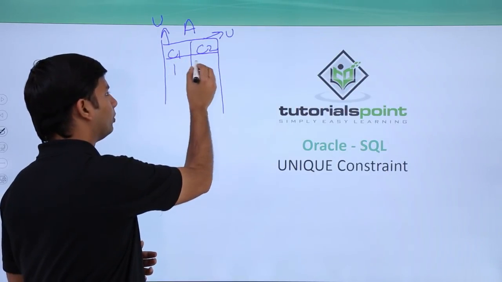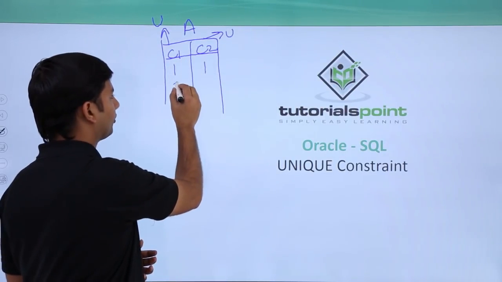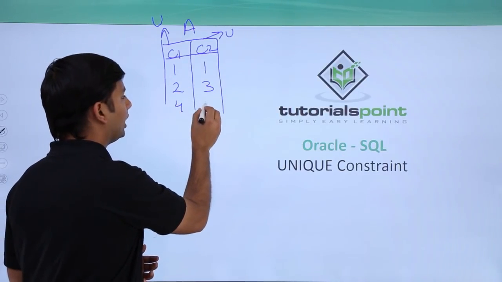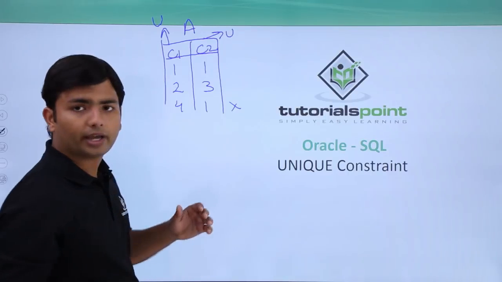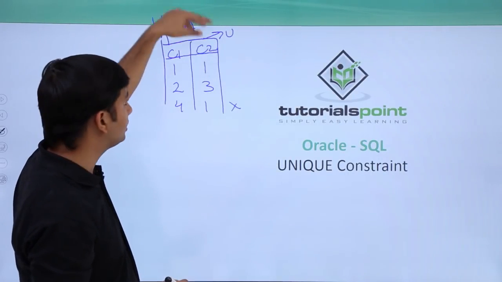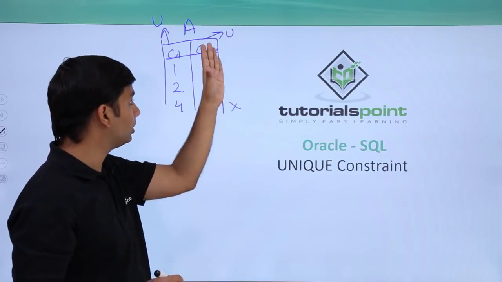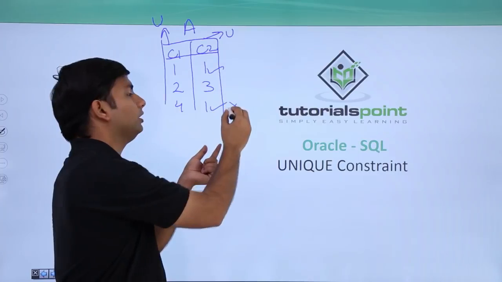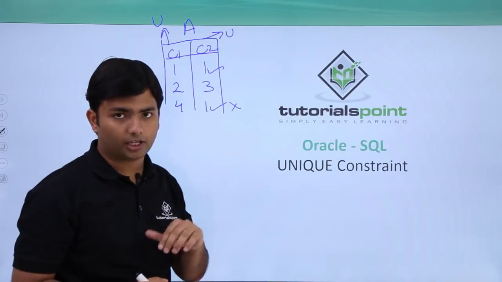If I enter 1, 1, it is unique. If I enter 2, 3, it's again unique. But if I enter 4 and 1, this will give you an error. Why? Because this column has the unique constraint, so it will not allow a duplicate value. As 1 is already here, you cannot enter 1 again.